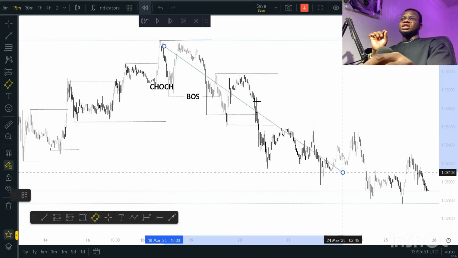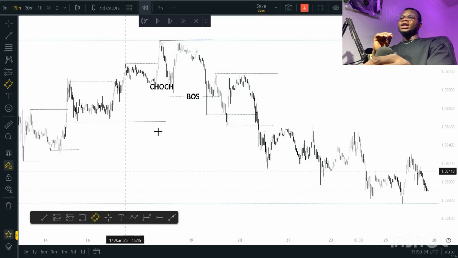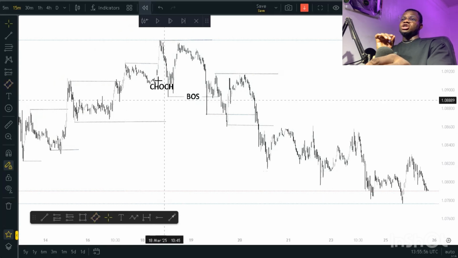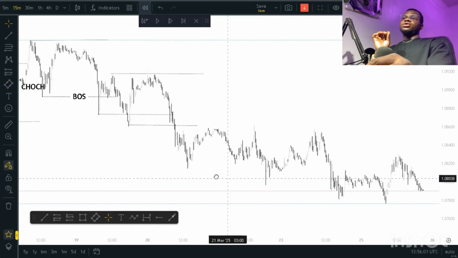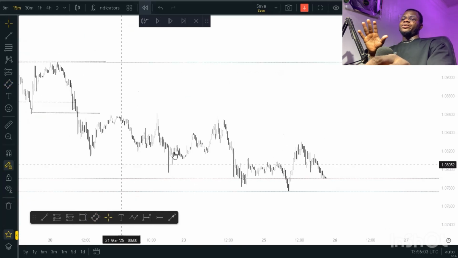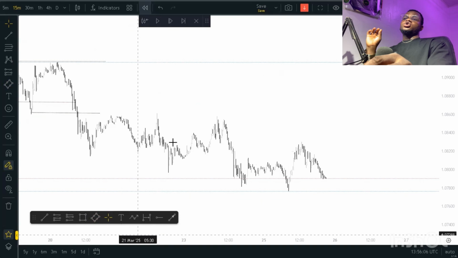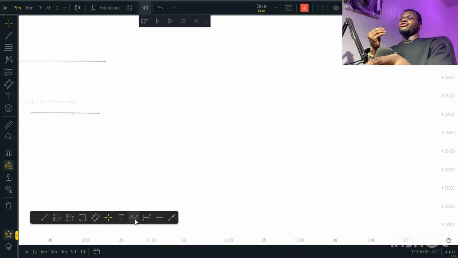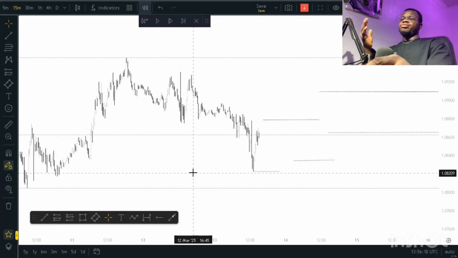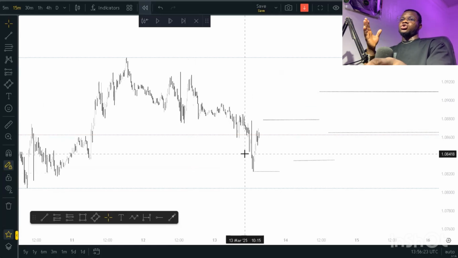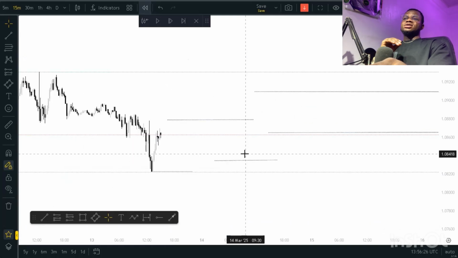So you can see the downtrend structure started immediately after we encountered the change of character.